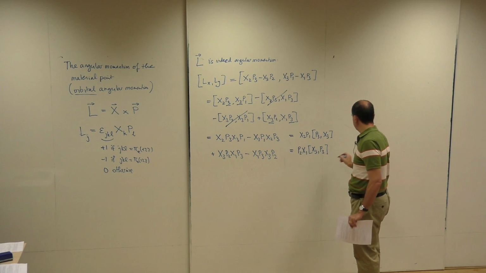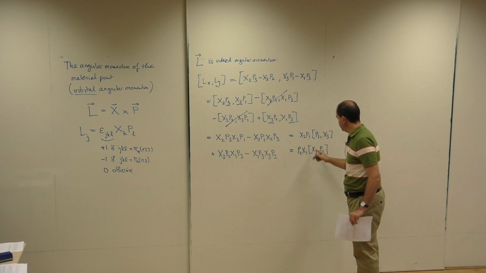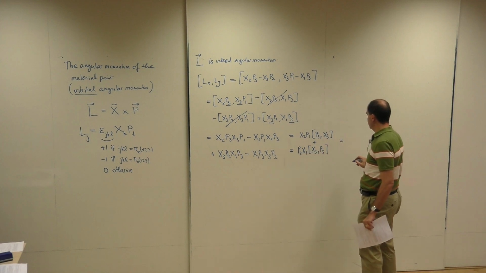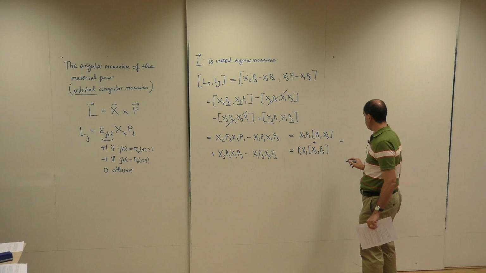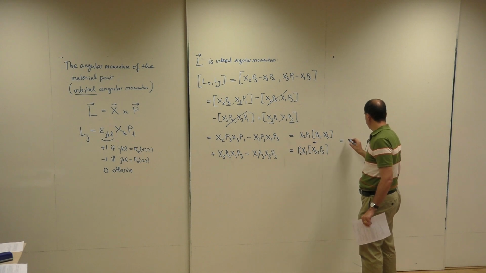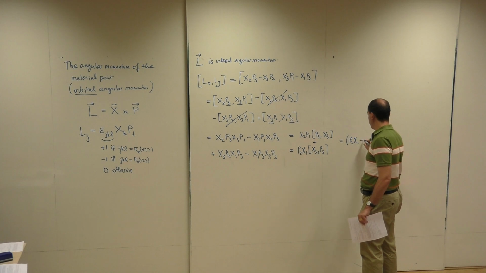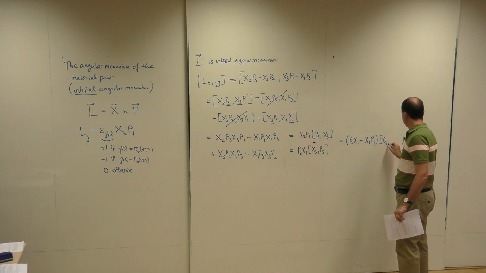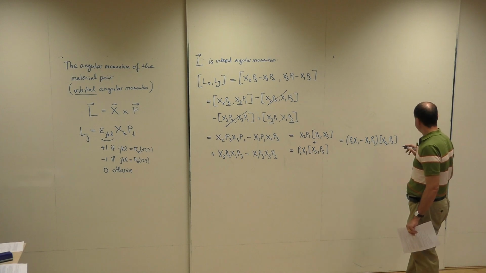There's a sum here. I can write it as p2 x1 minus x2 p1 in factor of the commutator x3 p3.